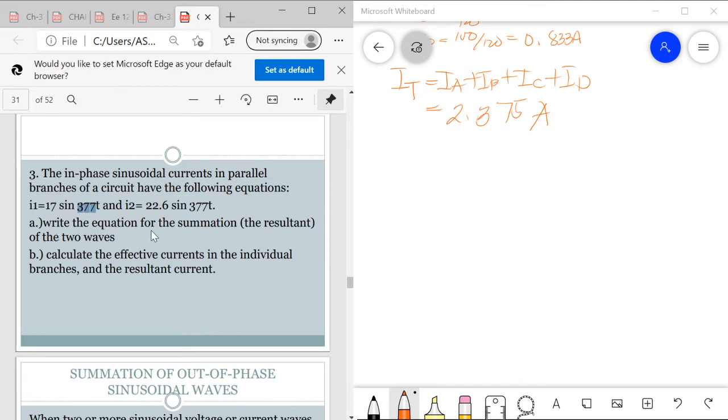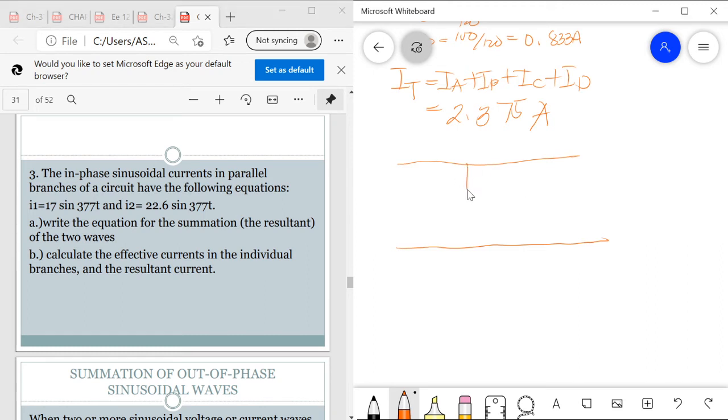Write the equation for the summation of the resultant of the two waves. Calculate the effective currents in the individual branches and the resultant current. So we have two waves, I1 and I2, and they are connected in parallel. So may load tayo na since this is in phase, they have the same frequency.